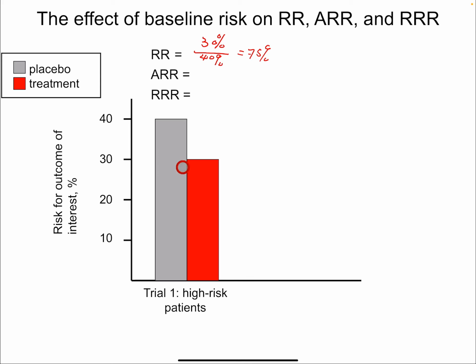ARR is the difference between these two. 40% minus 30% equals 10%. RRR is 1 minus RR, 25%.